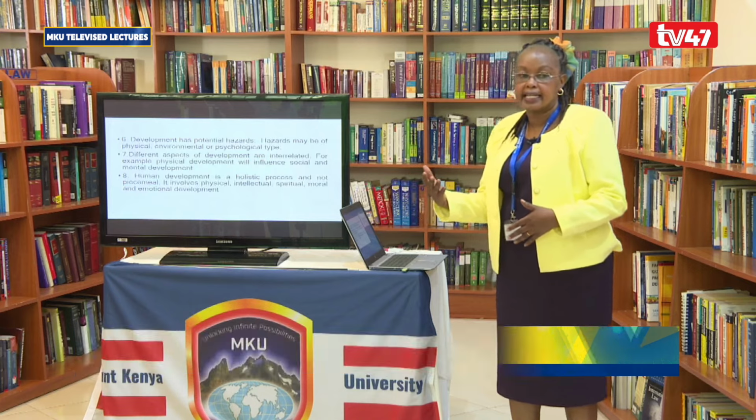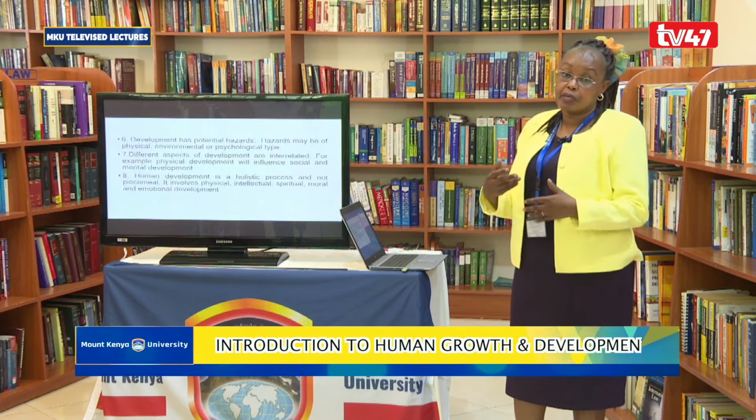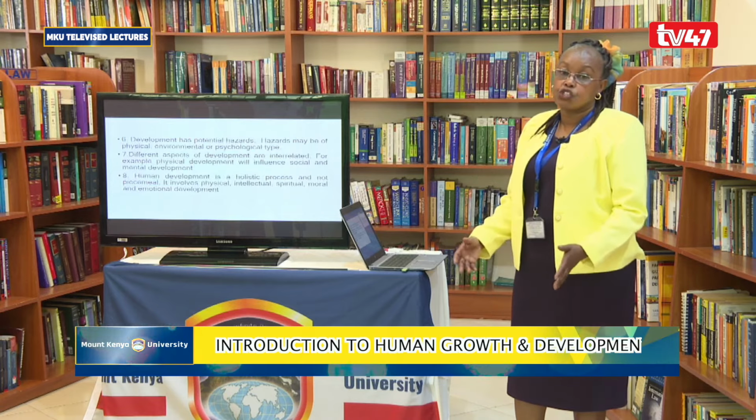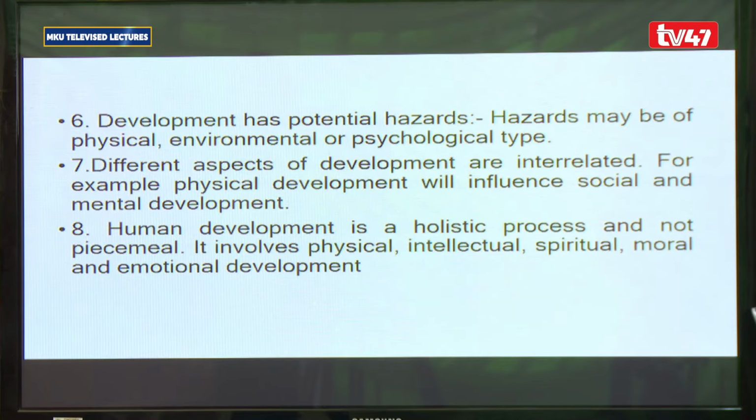Physically, he is not able to grow well, can't put on enough weight, he can't add the height. In terms of cognition or school activities, he's performing poorly. In terms of social, not able to interact effectively. And that's why we are saying that different aspects of development are interrelated. And therefore, it's very important for a teacher to understand this principle of development.